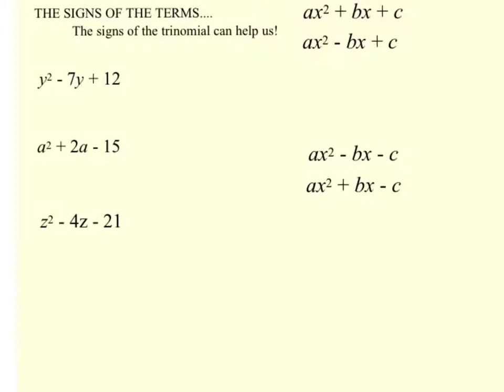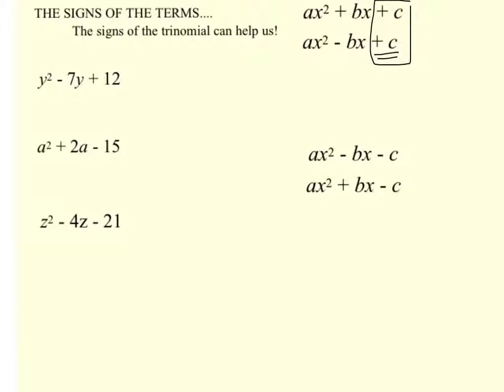Let's look at some sign patterns that can help us. If I have a positive constant term here, then the only things that can create a positive constant term are multiplying two positive numbers together or multiplying two negative numbers together.